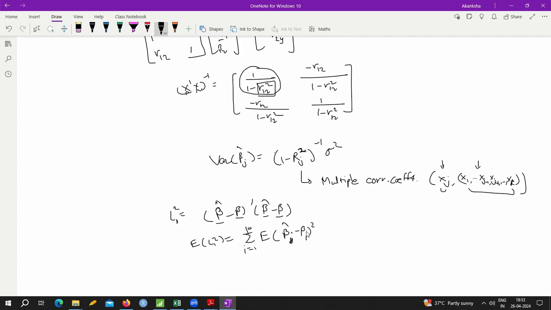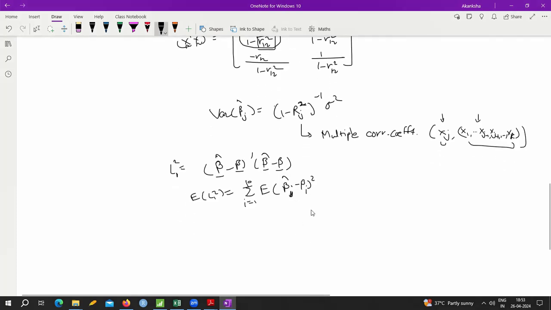So the expectation of (beta i hat minus beta i) whole square is simply the variance of beta i hat, correct? Sum over i going from 1 to p, which we know is sigma square times trace of (X prime X) inverse.